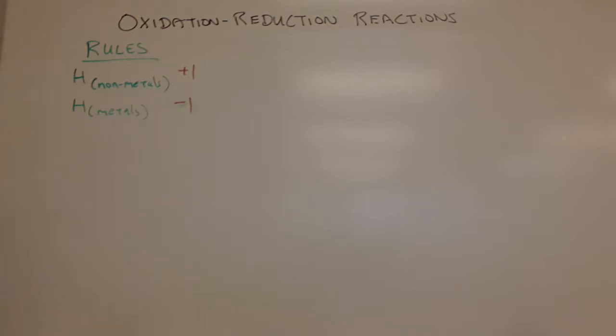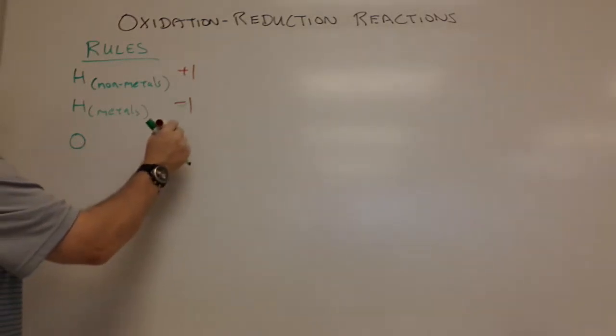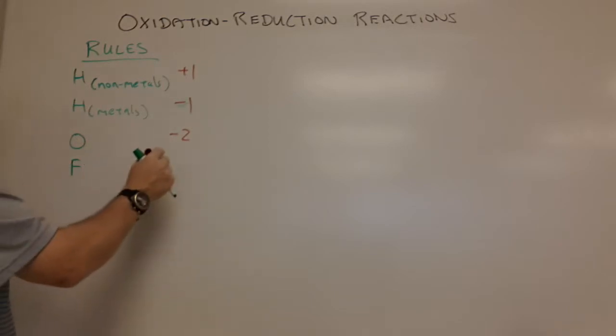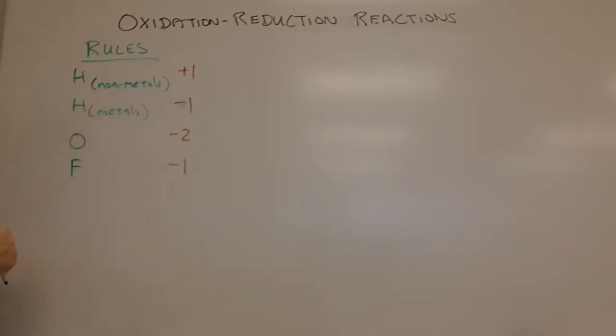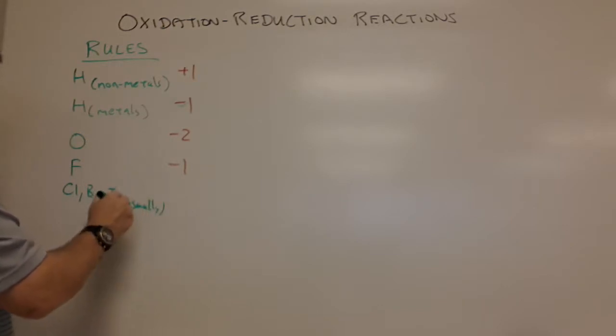If I have an oxygen, in general, if it's not attached to another oxygen, it's going to be a -2. When you get to fluorine, fluorine is always going to be a -1 oxidation number. And for chlorine, bromine, and iodine, usually these are going to be -1 as well.